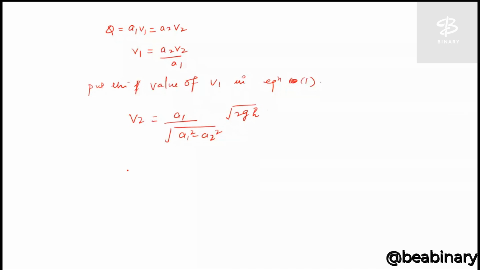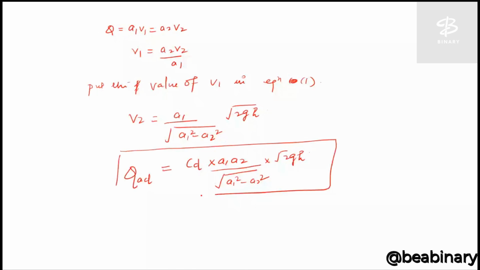Or we can write the actual discharge is equal to Cd A1 A2 divided by root of A1 square minus A2 square, multiplied by root 2gH. Okay, this is my actual discharge.